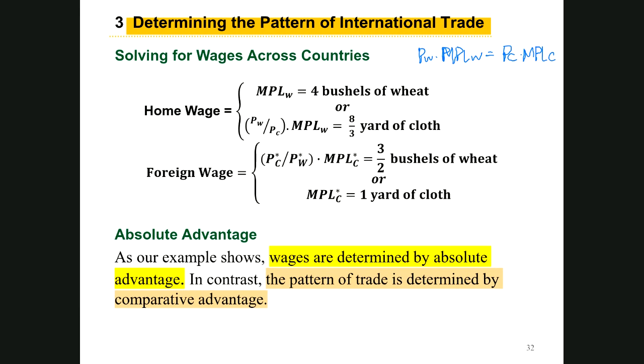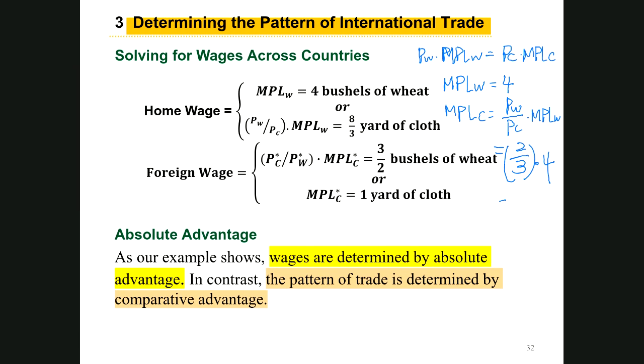Okay, so now I know, in home country, in terms of the clothes, this should be equal to the new trade price times the original marginal productivity of labor in wheat.